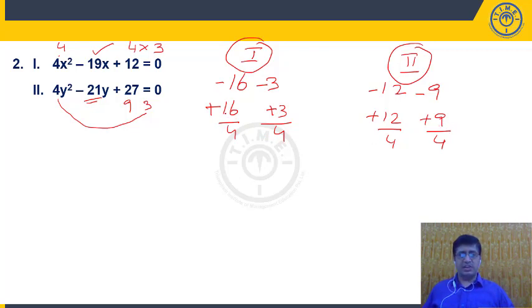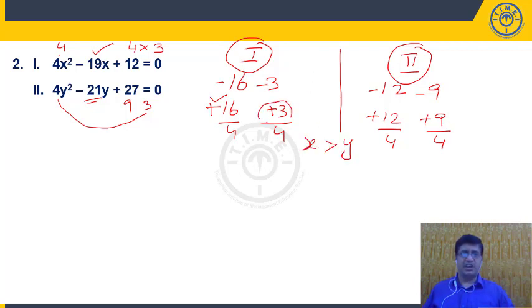Now 16 is more than 12 and 9. Here the denominators are the same. So 16 is more than 12 and 9, where I am comparing the root of x, the first equation, with the values of y in the second equation. So 16 is more than 12 and 9, which means x is greater than y.